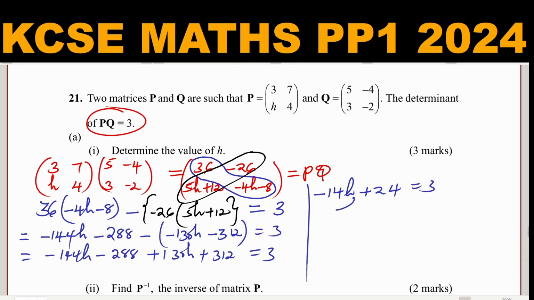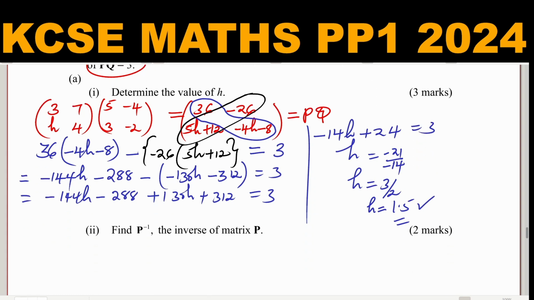So when you work out H, you get negative 14H equals negative 21, so H is negative 21 divided by negative 14. So H will give 3/2, but you simplify this and leave it as 1.5. So H is 1.5.